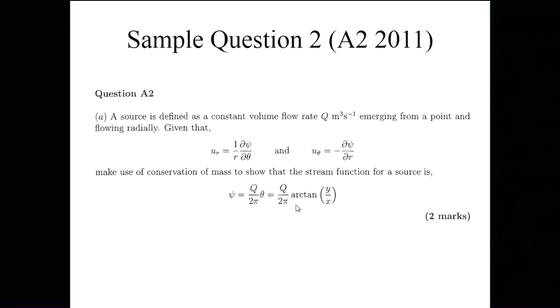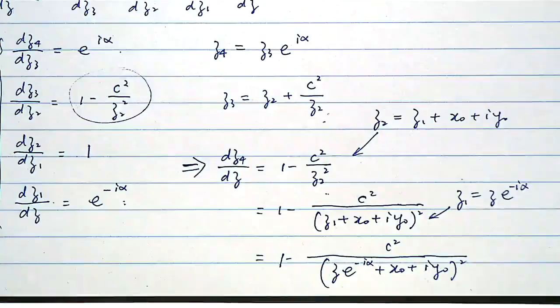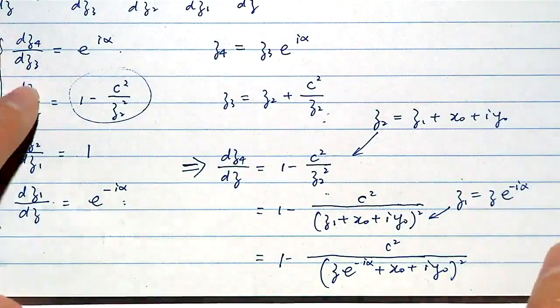I'm pretty sure this has been covered in tutorials, but let me do it again. For the flow of a source, this is the center of the source, and we have the flow coming out of it, like this.